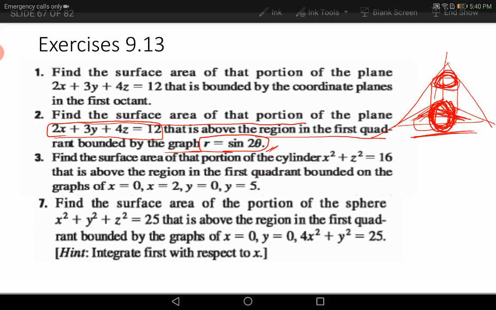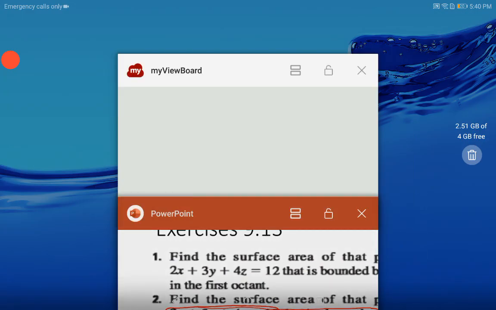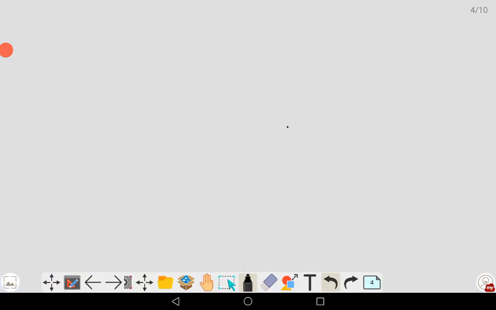Okay, we will start. So the same problem should be recalled. Find the area. F, what is your f? F is f of x comma y, the same z.